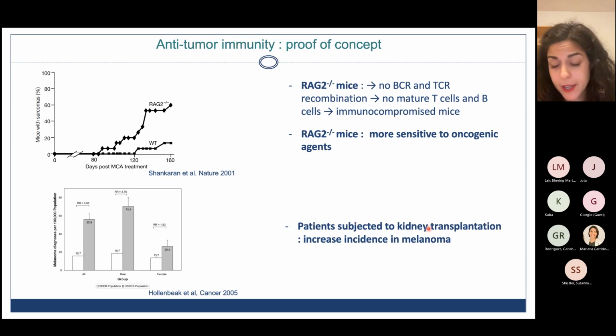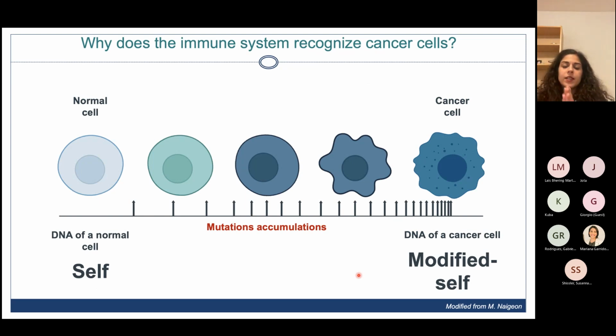And in the same case as the RAG mice that were immunodeficient, you have an increased rate of cancer. So this proof of concept has shown that the immune system can in a way control the incidence of cancer cells and be effective to target the cancer cells.